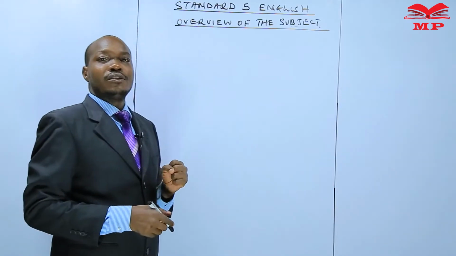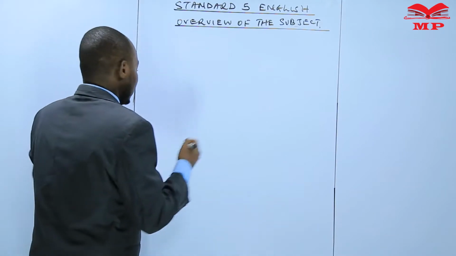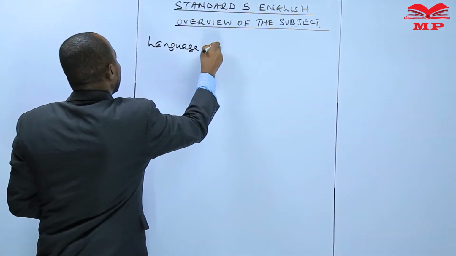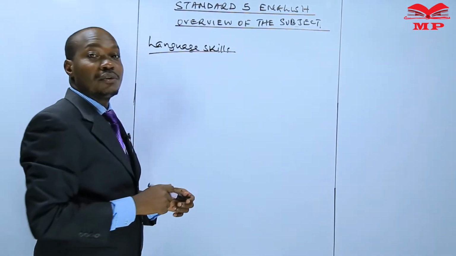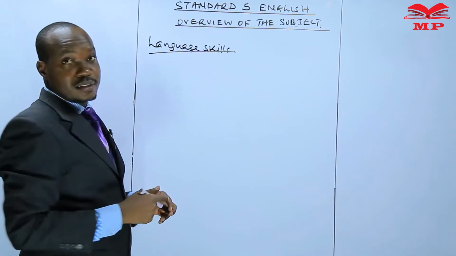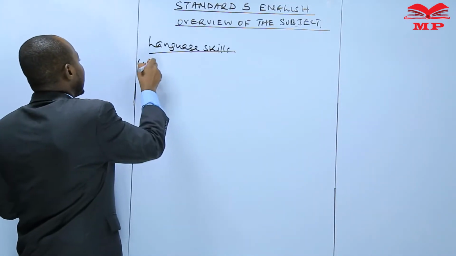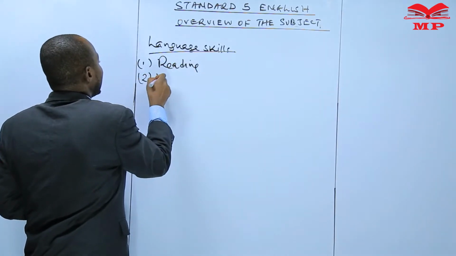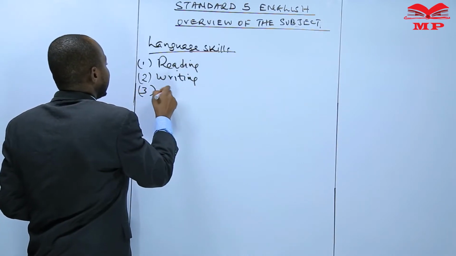In any language, we teach skills. So there are what are called language skills. In any language we learn skills, and we learn 4 skills. Skill number 1 is reading. Number 2, writing. Number 3, speaking.